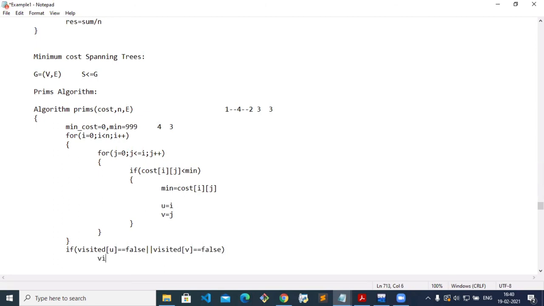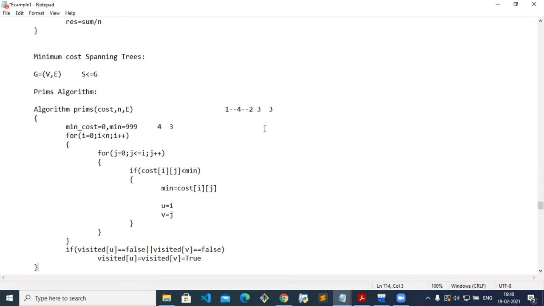So we are making visited of u equals visited of v equals true. We are making these things true. This is the algorithm for finding the minimum cost spanning tree using Prim's algorithm. Am I clear? We are making this 1 and 3 true.